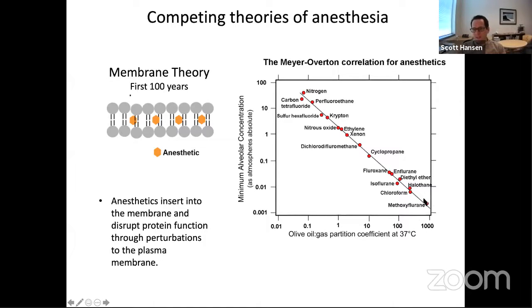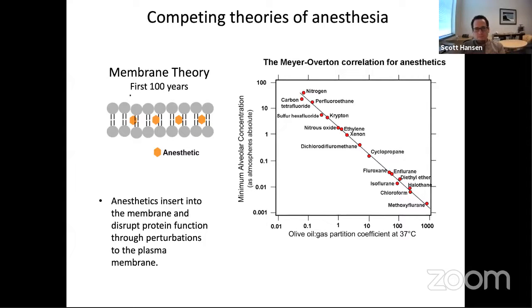The most potent molecules are the ones that are the most hydrophobic. Given their diversity, it was proposed that they were intercalating into membranes, and that this intercalation changed the fluidity or the rigidity, the thickness, or something about the membrane.